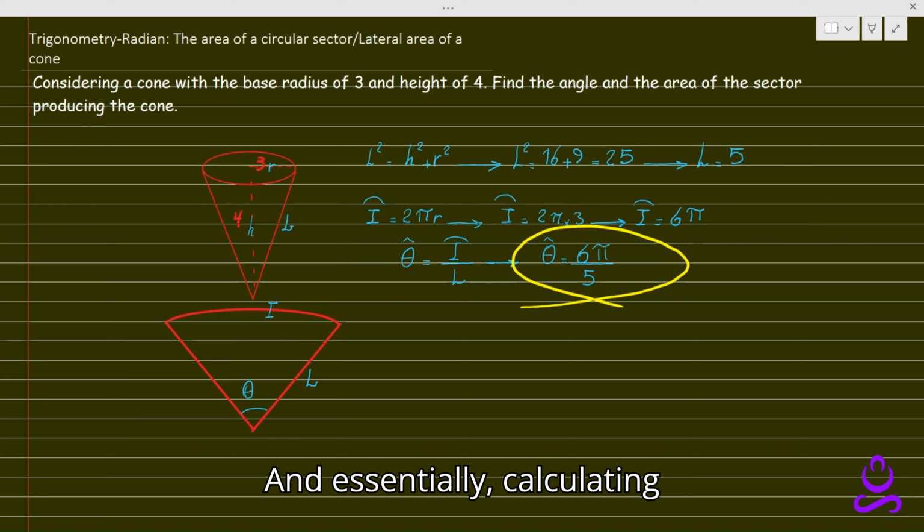And essentially, calculating the circumference of the cone is the same as calculating the area of the sector.